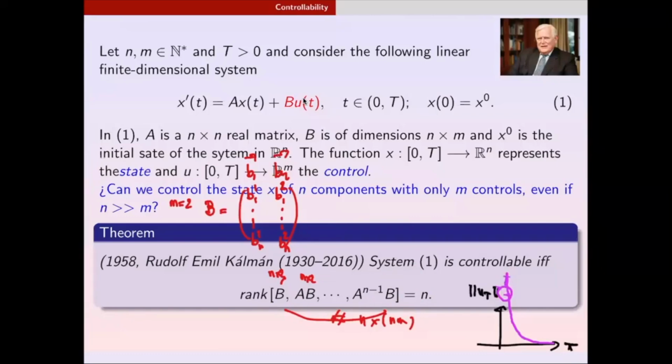It could be something like t to the power minus n, right? If you have just one control to control a system of n components, when the time horizon is very short, the size of the control will be of the order of c capital T to the power minus n.